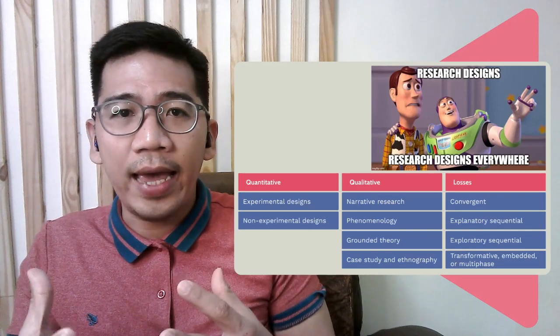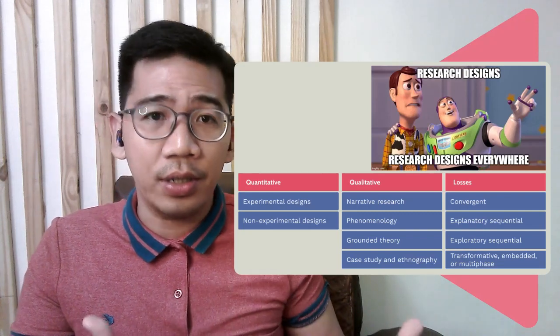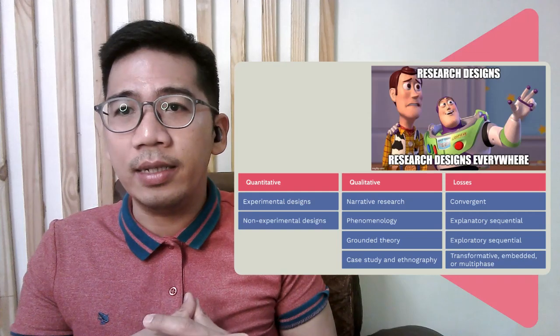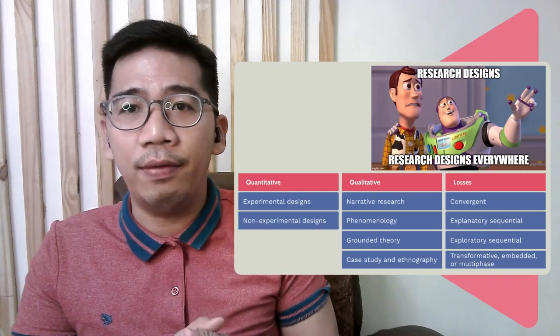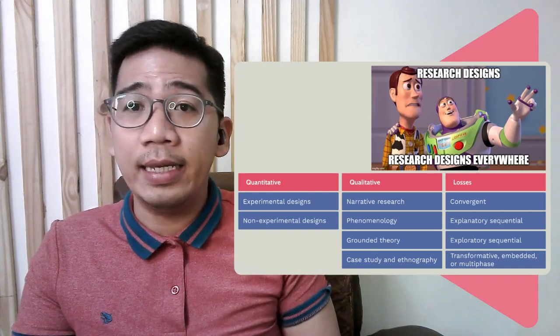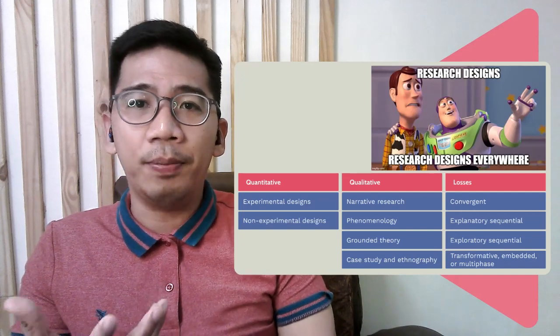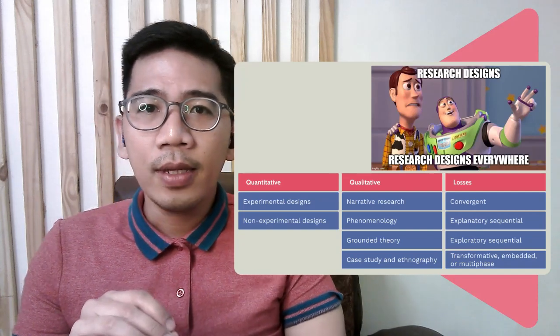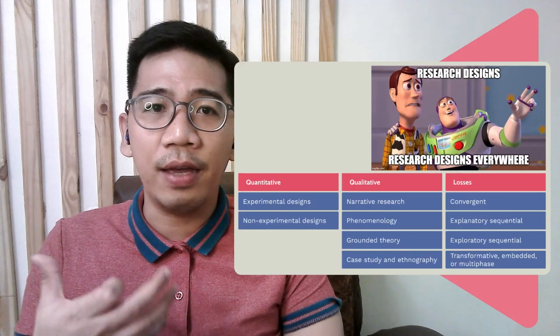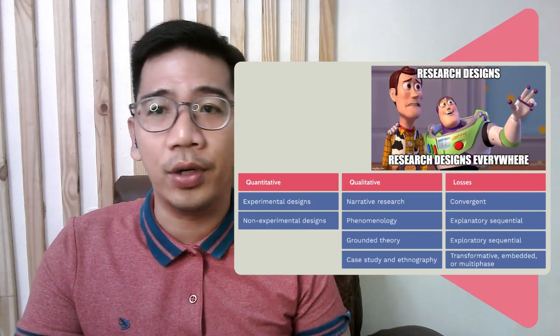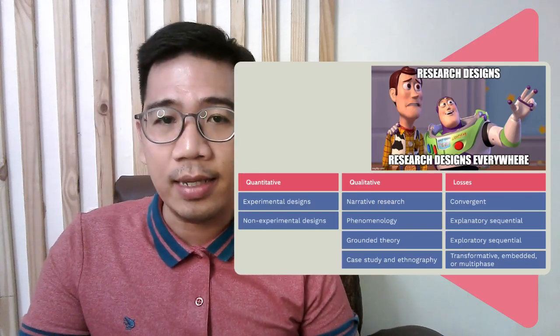So the designs available to the researchers have grown over the years as computer technologies have advanced our data analysis and ability to interpret complicated models. And as individuals have defined new methodologies for conducting social science research.